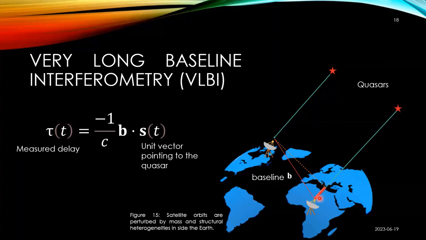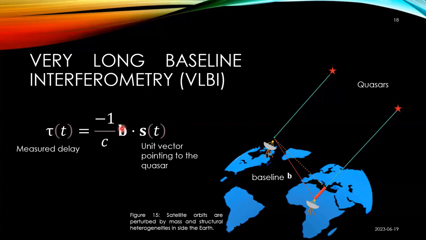Based on that delay, we can determine this baseline, the distance between them. The principle is very simple, but in reality, the mathematical model is not that simple because there are many corrections that you have to consider. For example, the most important one is the correction for the atmosphere.